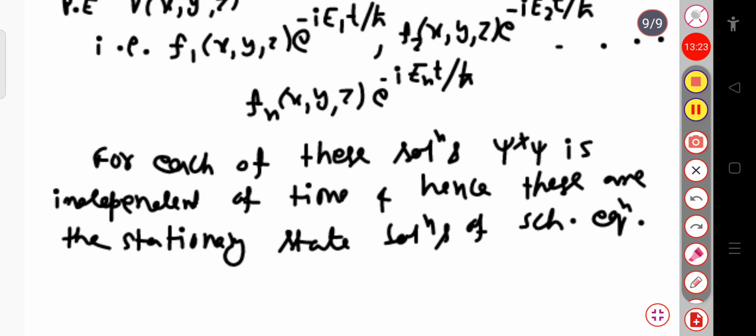Basically, the stationary state solution means it will not depend on time, or you can simply say that the potential energy will not depend on time.